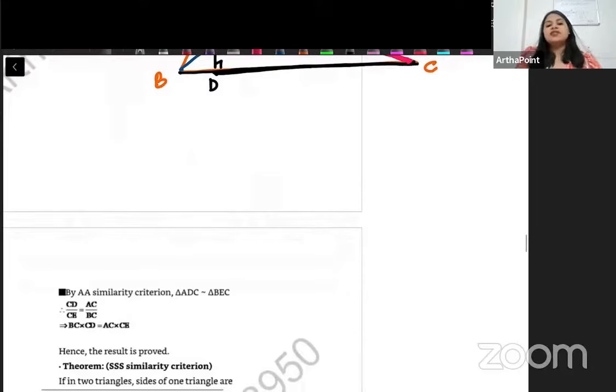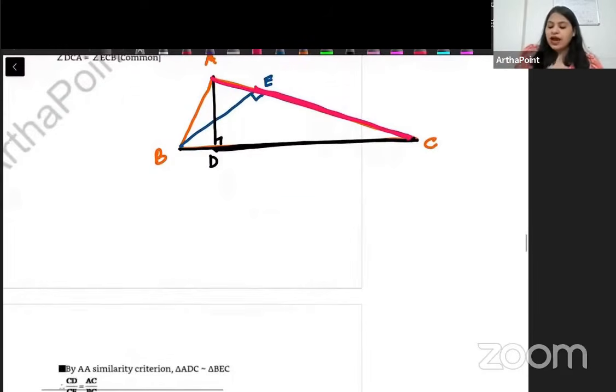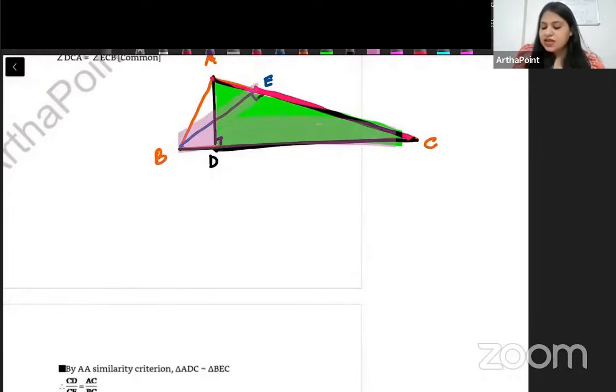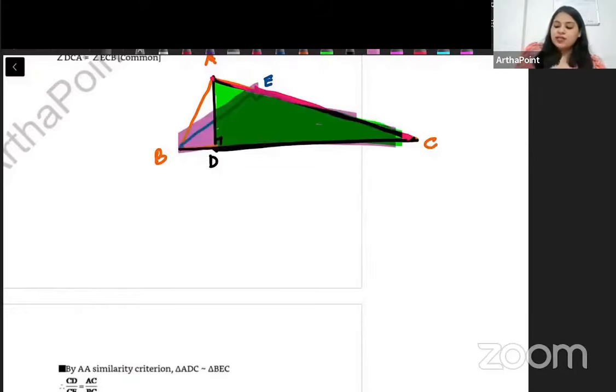In this case, we can simply apply the AA criteria. If you look at this triangle, beta, ACD, and the other triangle that I am taking is BCE.